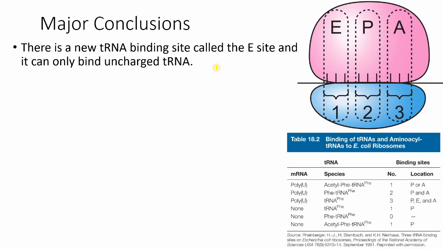And again, like I previously said 2 other times, it's called E site for exit, as the researchers believe that this site can only bind uncharged tRNA. And they believed that this meant that this site bound the tRNA after it had released its amino acid, and it bound this site before it left the ribosome, so E for exit.